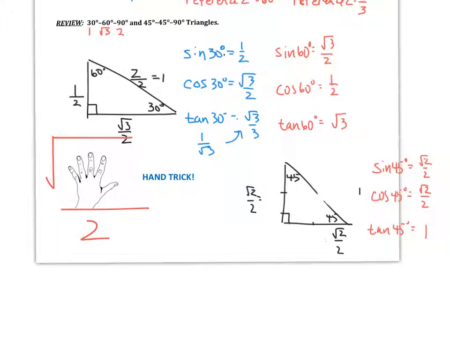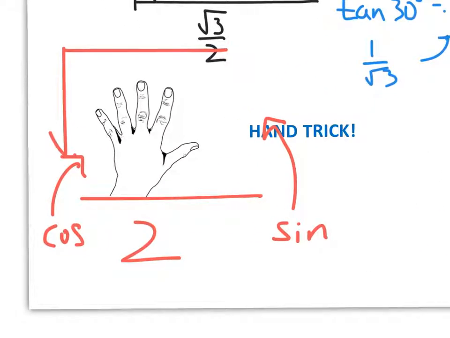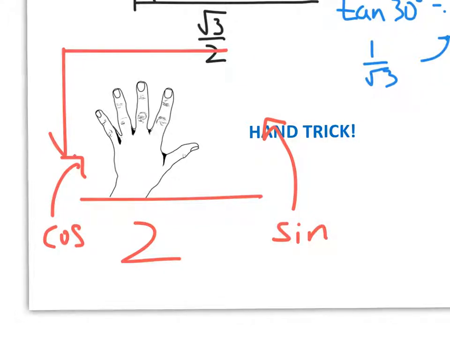Next, this direction, when we count our fingers, is the sine direction, okay? So if we start at our thumb and go in a counterclockwise direction, that's sine. And if we go this direction, start at our pinky and go, that is cosine, okay? Last piece of information is our angle measures, okay?